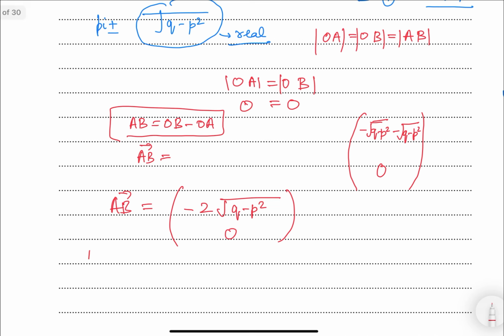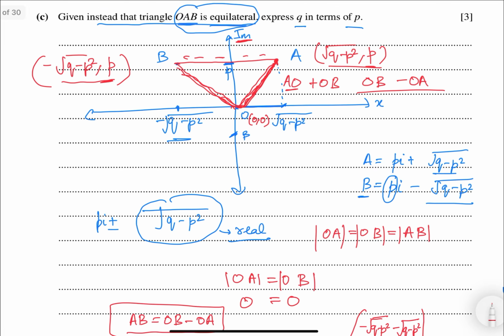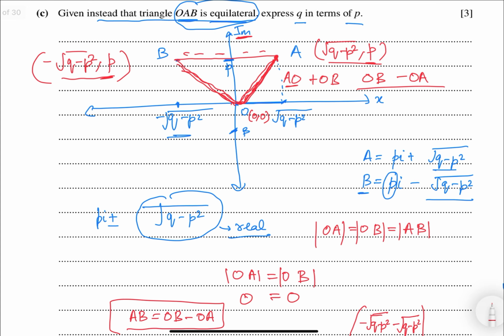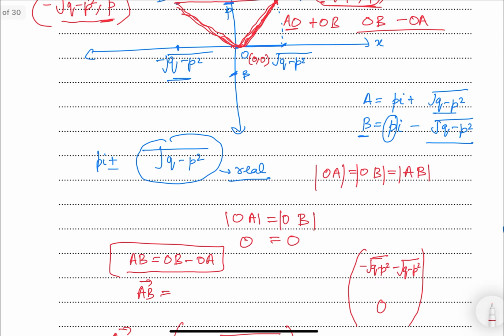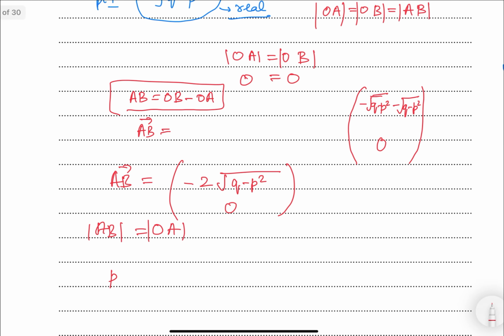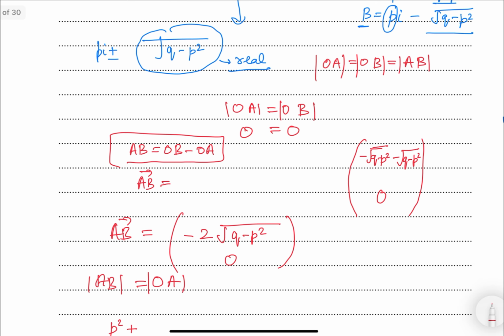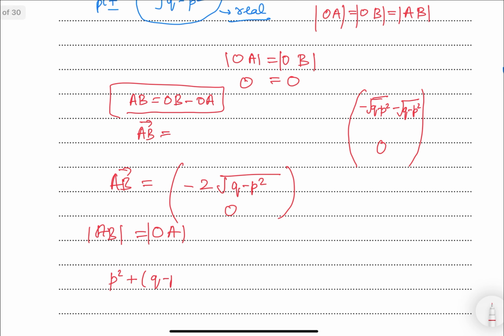Now the magnitude of AB will be equal to the magnitude of OA, or you can take OB as well. How can we take the magnitude? Just square them and square root them. Repeat after me: square and square root. Very good. So I'm taking OA. If I square OA, it will become p square plus q minus p square.